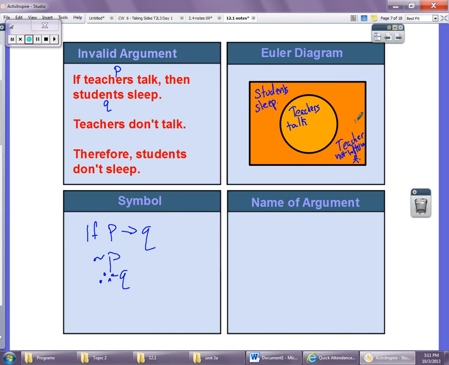So that is why this is invalid. And that is affirming the consequent. Why is that invalid? Because just because a teacher's not talking, the students aren't going to sleep. They could sleep for some other reason.